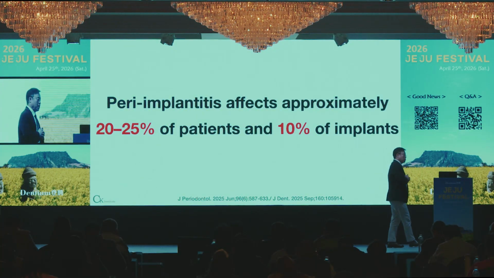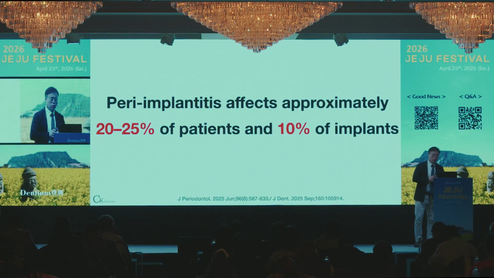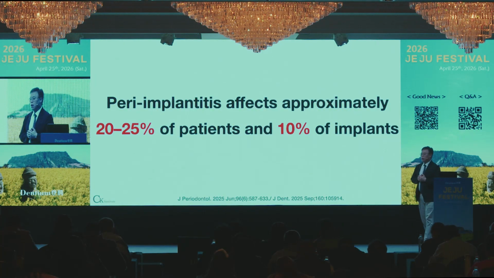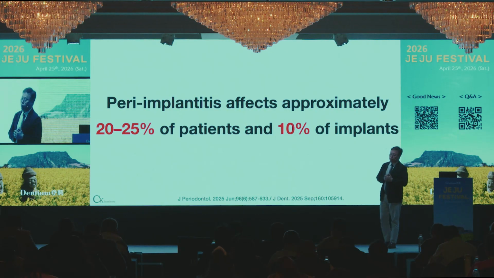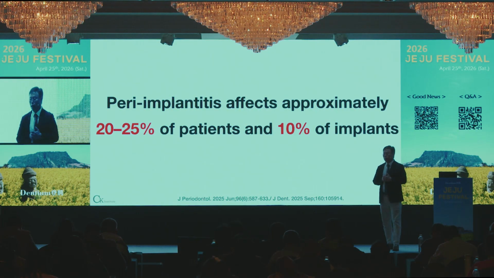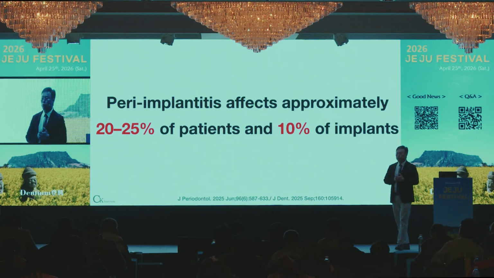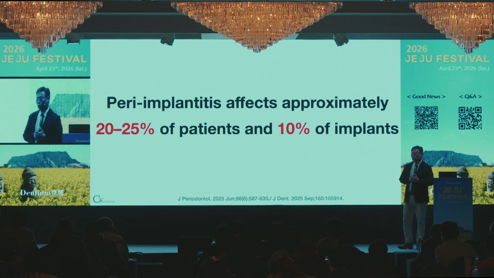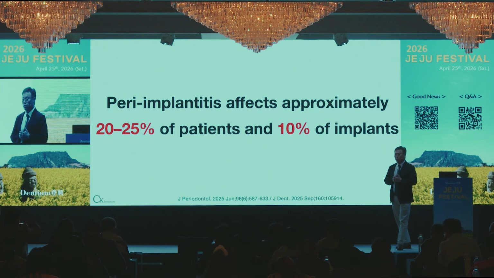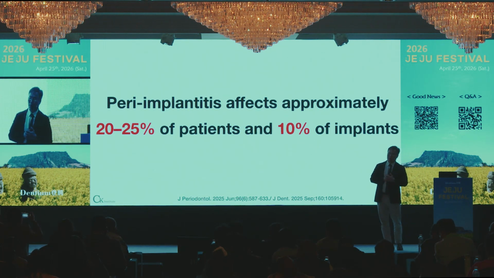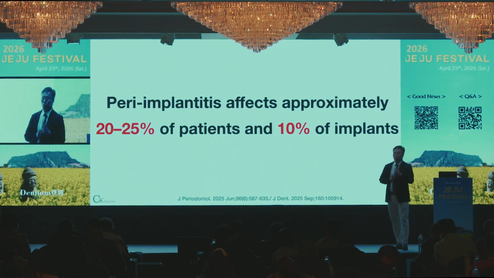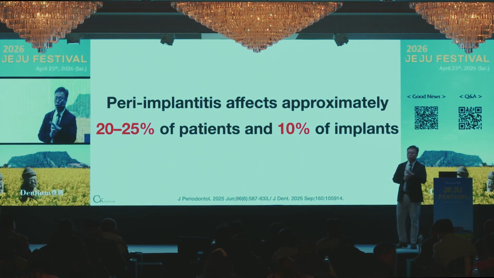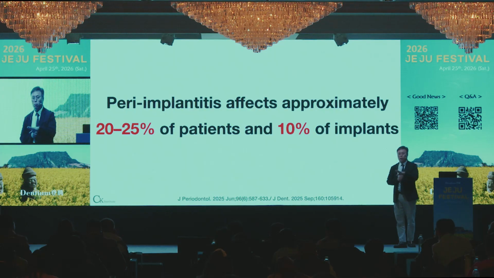This is the prevalence of peri-implantitis. Peri-implantitis affects approximately 20 to 25% of patients and 10% of implants. If you place 10 implants today, over the next 5 to 20 years, you will find 1 of 10 implants will experience peri-implantitis.